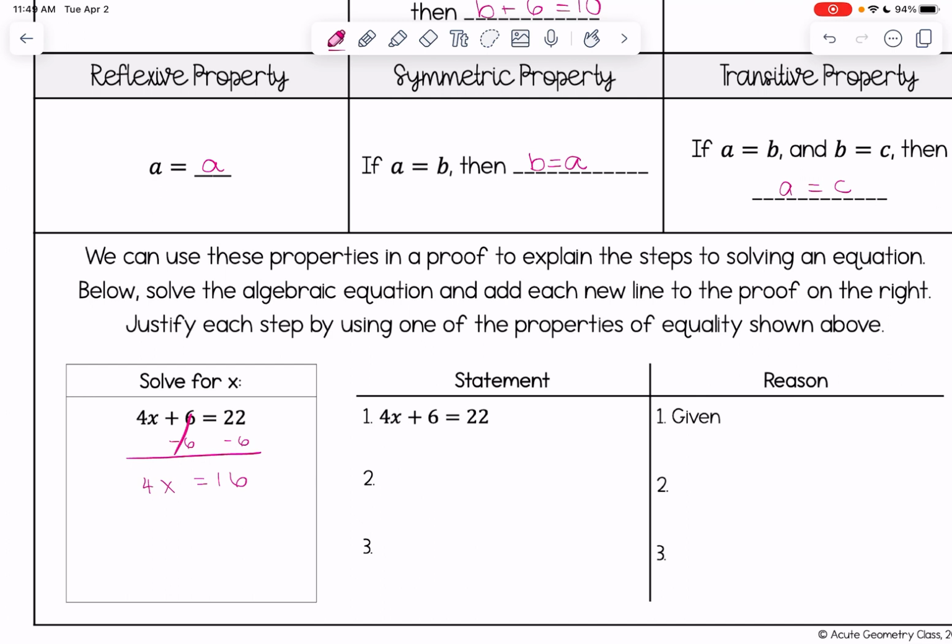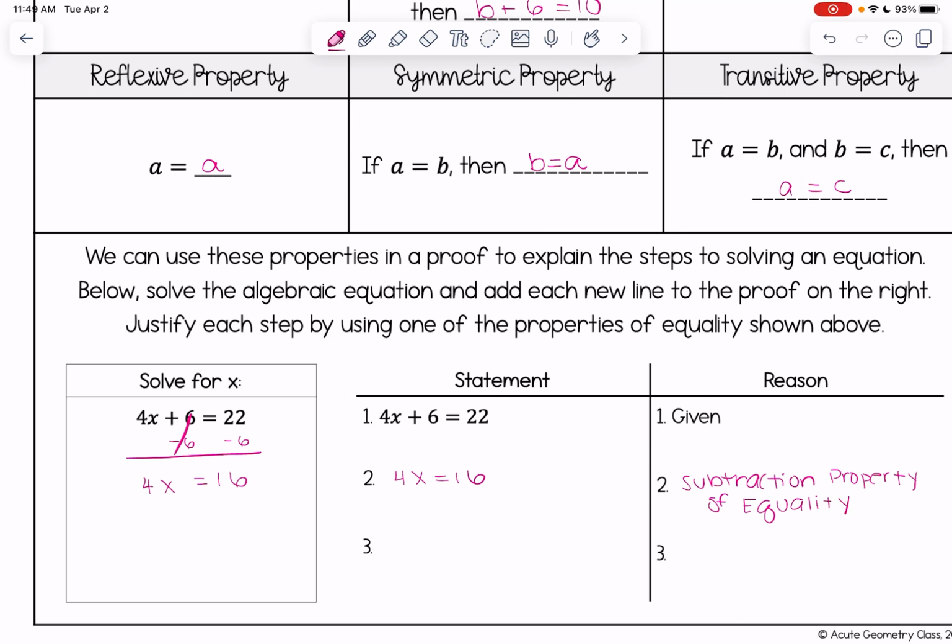So what I'm going to write for statement 2 is that 4x equals 16. And then we're going to think about, well, what property did we use in order to get that statement? Since we subtracted something on both sides, that's using the subtraction property. And we can even specify the subtraction property of equality.